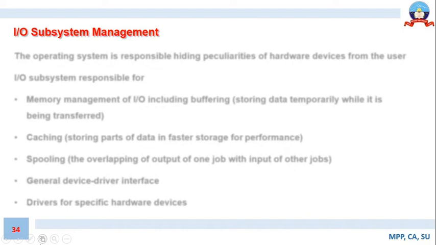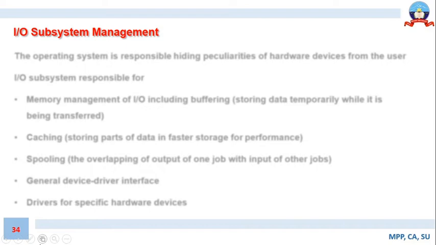If you can remember and recollect, in the previous class we had discussed some of the important roles and responsibilities that an operating system performs in a computer system. We had identified memory management, process management, file management, IO subsystem management, and other associated operating system services as some of the important roles.